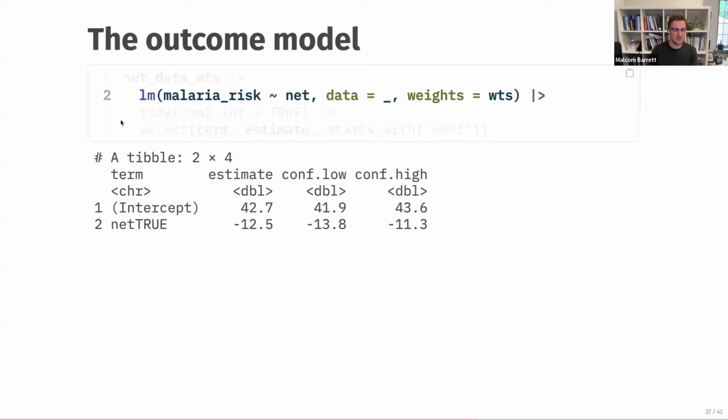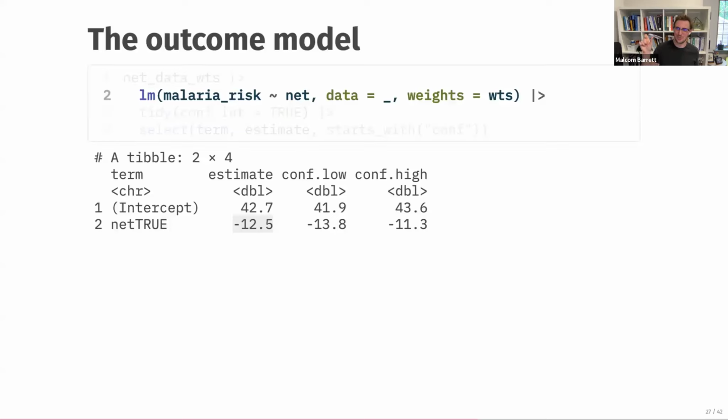So if we fit this, the relationship that we get here is that for people who used nets, we have the intercept and the net true, which represents whether or not you used a net. So for people who used a net, the risk of malaria is about negative 12.5. And so these are sort of unitless measures of risk.